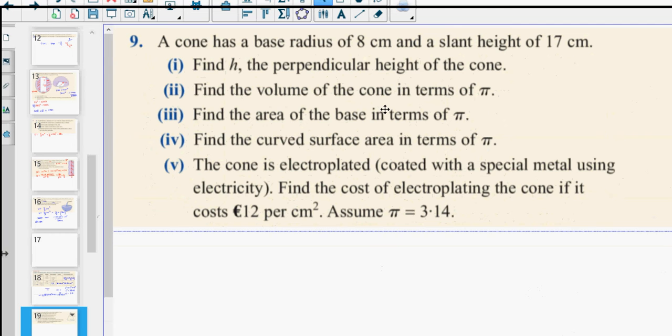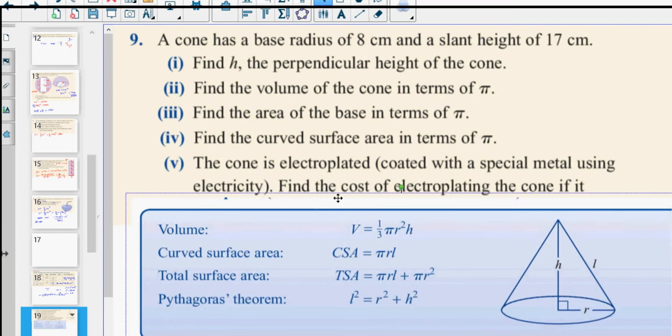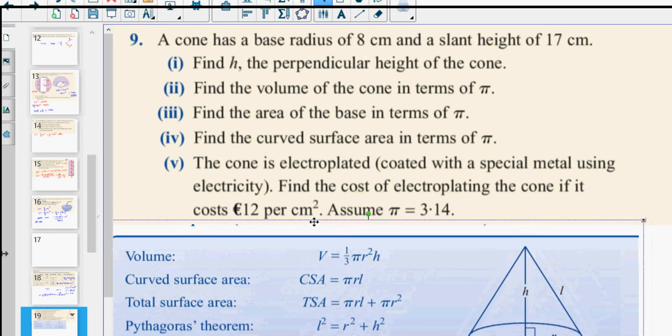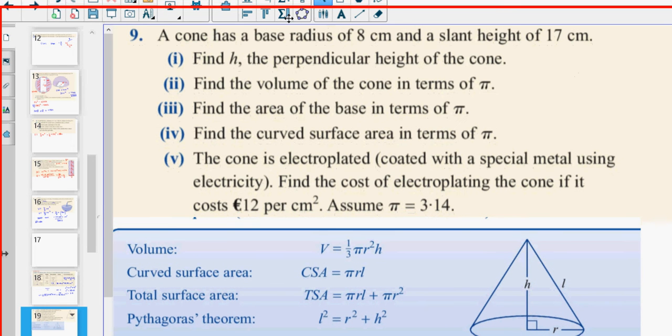Here I have question 9. And in question 9, we're going to use these formulas again. Alright. How do you find the perpendicular height of the cone, lads? The h value.